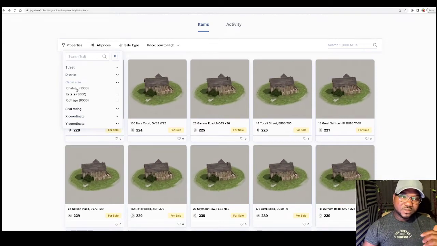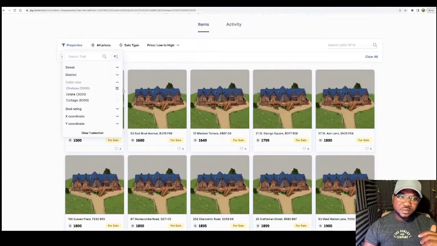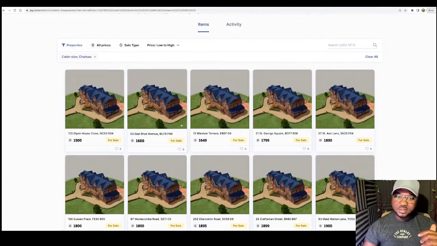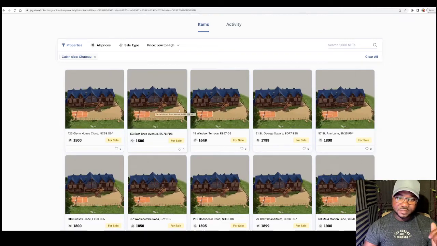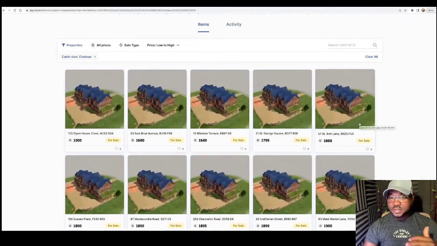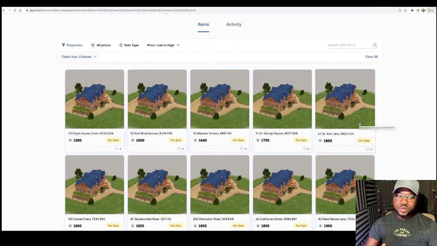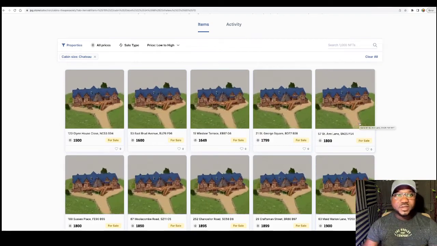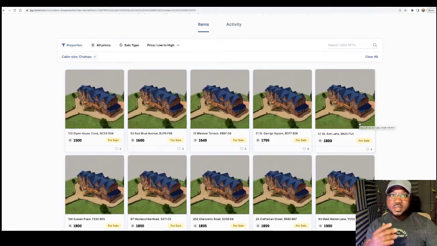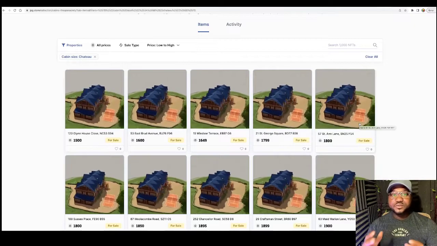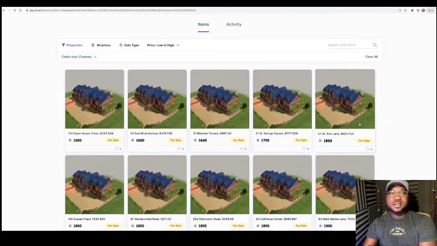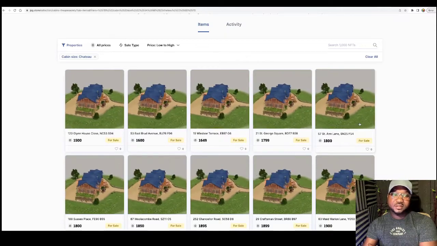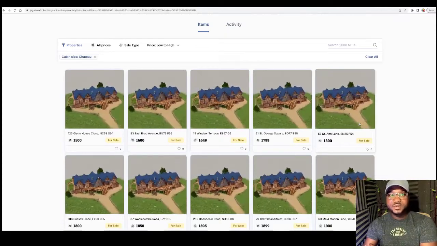And if I was to filter out chateau, you can see these are your chateau, right? And then the real estate in general is broken down into different streets, much like in the real world. Your real estate has a gate number, or a street number, right?